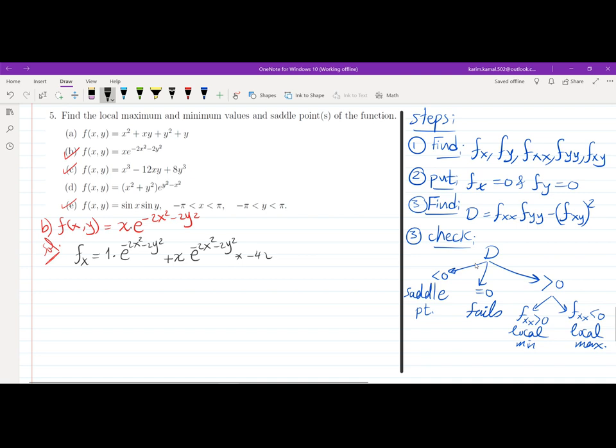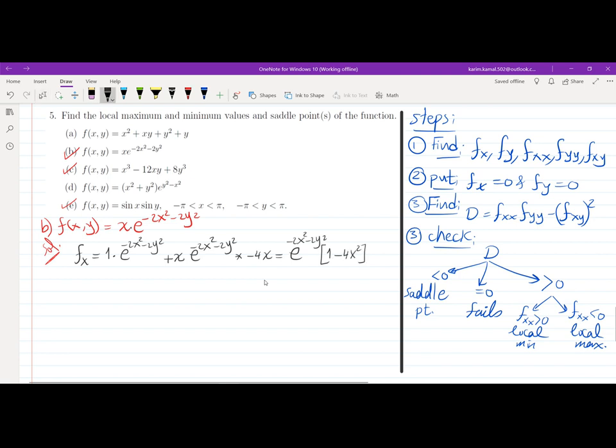We can simplify this form by taking e power negative 2x squared minus 2y squared as a common factor. Here we only have 1, so it will be 1 minus, in the second term we have negative 4x times x, so it will be 4x squared.